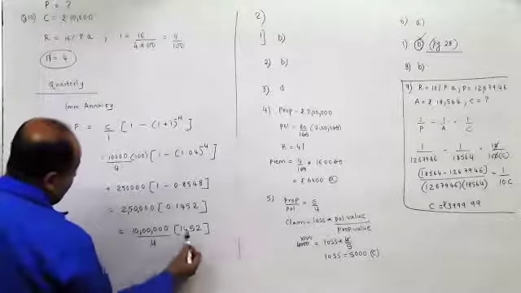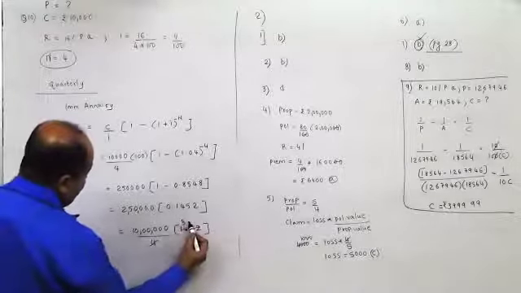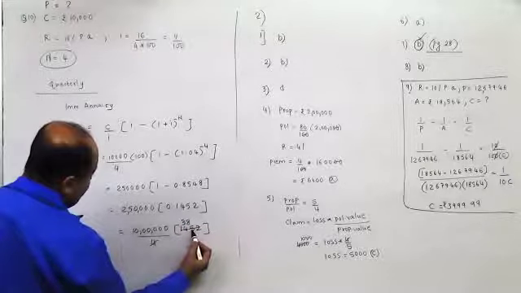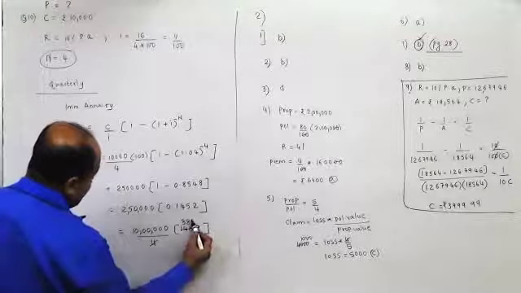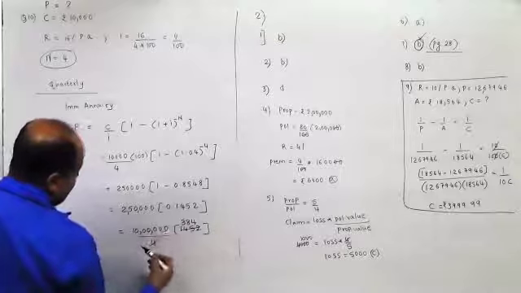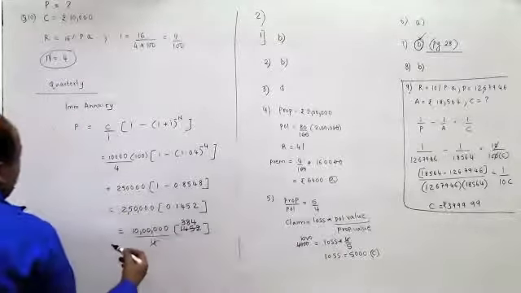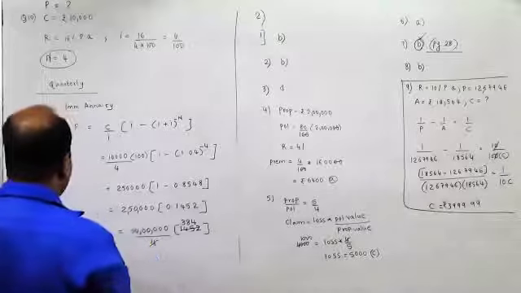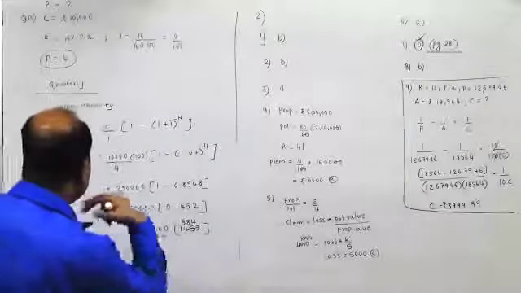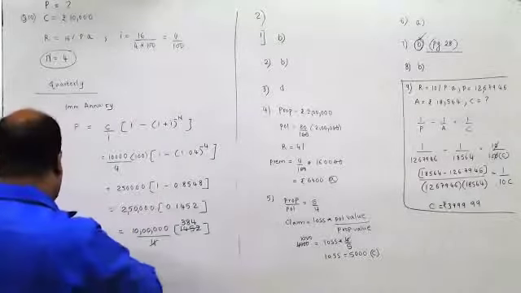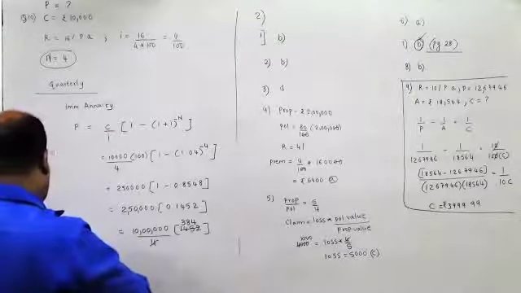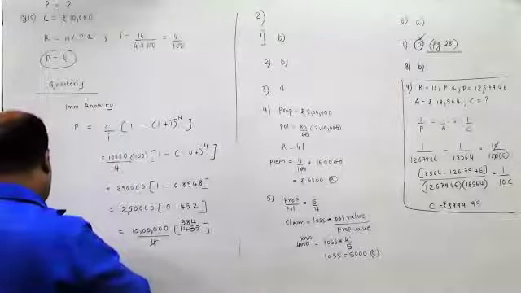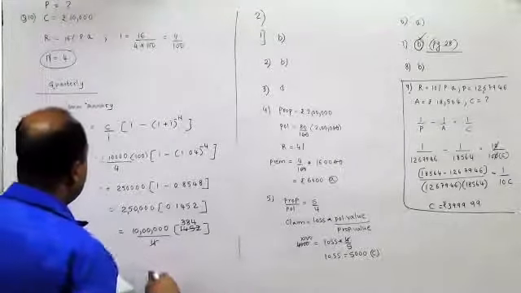So this would be 4 3s are 12, 2 5, 4 8s are 24, 1 2. I think you have made a mistake. 1.04 raised to minus 4 is not right. Oh, it is right.